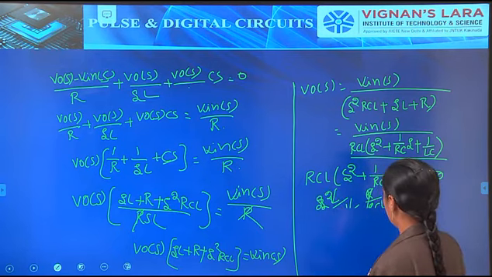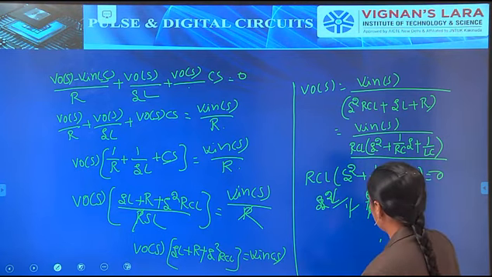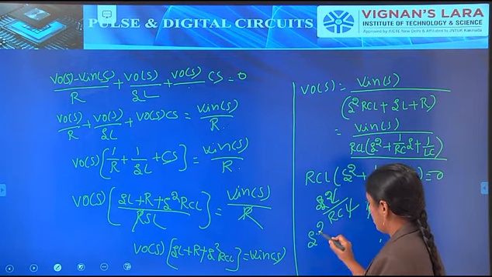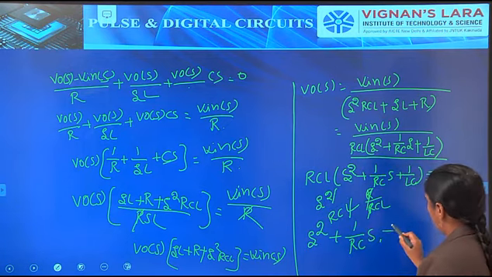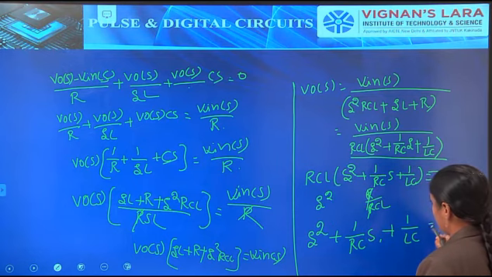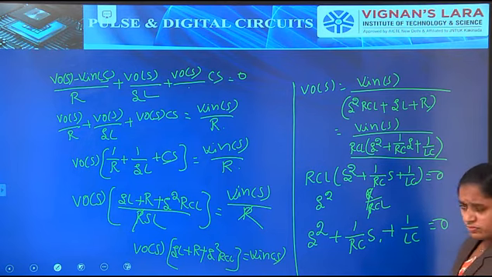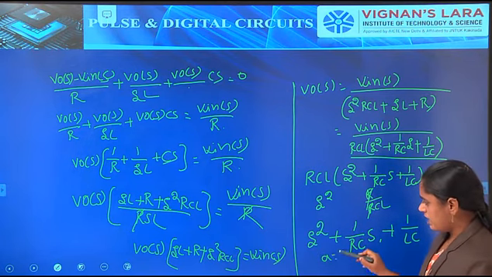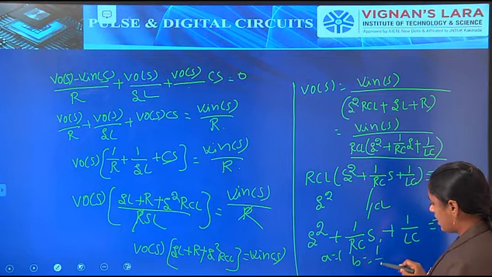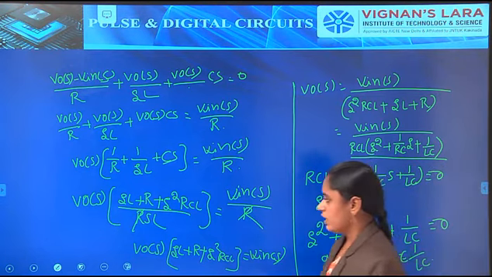Then it becomes S square plus 1 by RC S plus 1 by LC equal to 0. So we apply the previous process, where A becomes 1, B becomes 1 by RC and C becomes 1 by LC. The same process continues for this equation also.